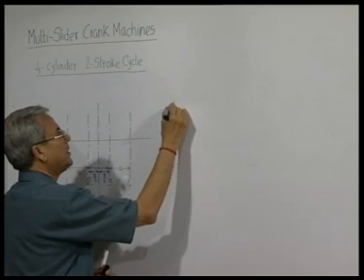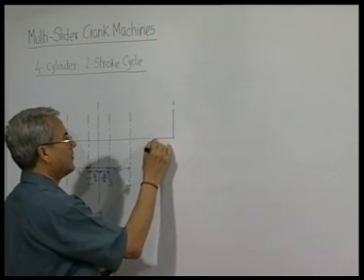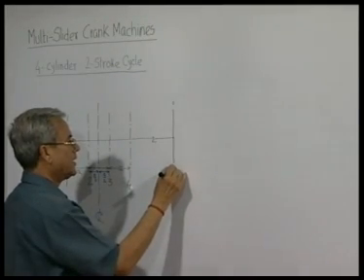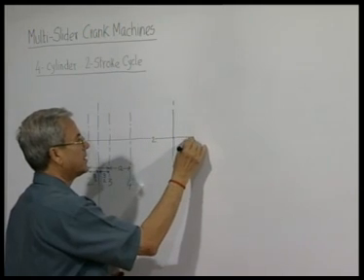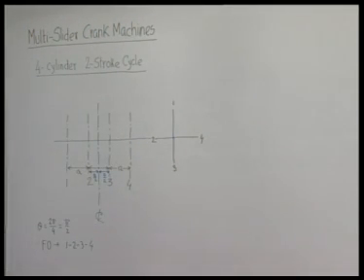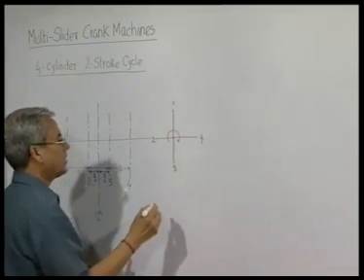So, this will be firing of crank 1, next firing will take place for crank 2, next after another 90 degrees 3, and next another, and of course, the primary crank is rotating in this direction.